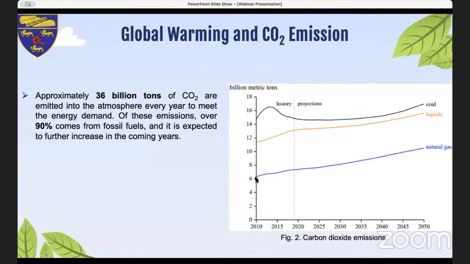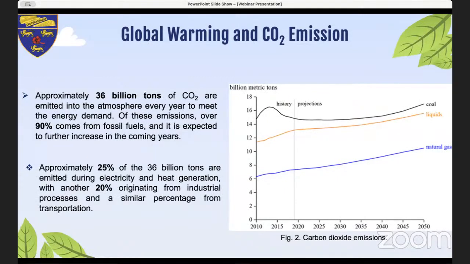For example, in 2010, natural gas emitted around 7 billion tons of carbon dioxide into the atmosphere. 25% of this 36 billion tons comes from industry that produces electricity or heat generation. 20% is related to industry for processing other products. 20% comes from transportation. And the remainder comes from other purposes, for example, some residents or villages using jungle wood or burning jungle, emitting carbon dioxide into the atmosphere.